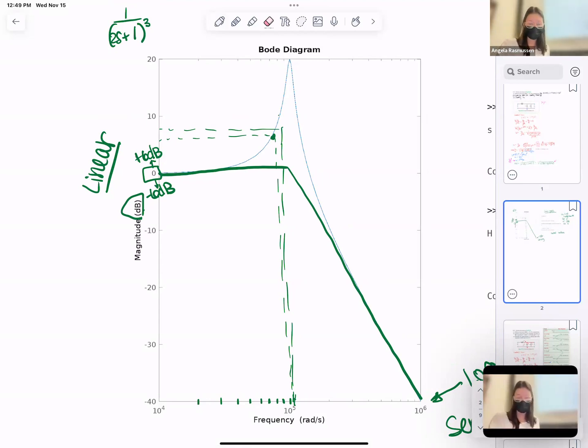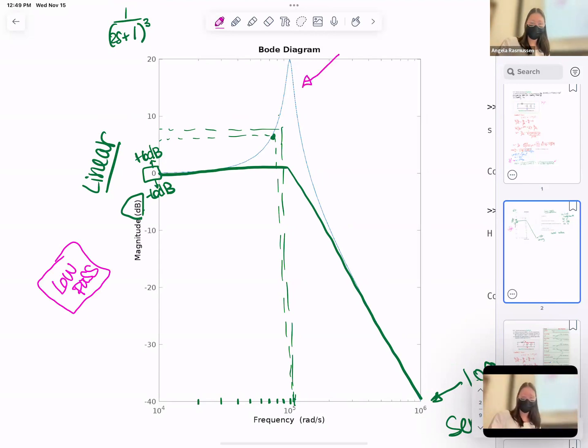So it's a low pass, great. So low pass is identified. What else do you notice about the characteristics of this? What is going on with that? What does that mean when you have that peak? Correct, so it's got some higher Q, which is not ideal for a low pass.